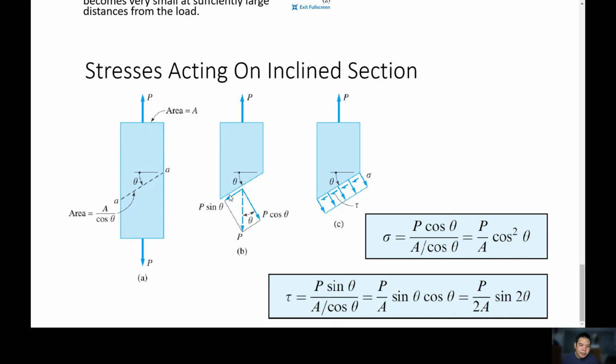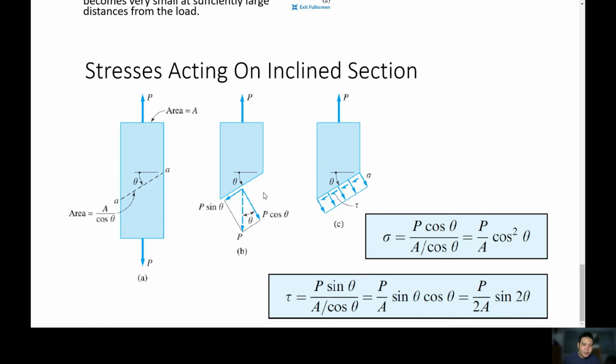So P cosine theta is our normal stress, perpendicular to our area, and P sine theta is our shearing stress, parallel to our area of consideration. All right, so that's basically the difference. There's nothing new.